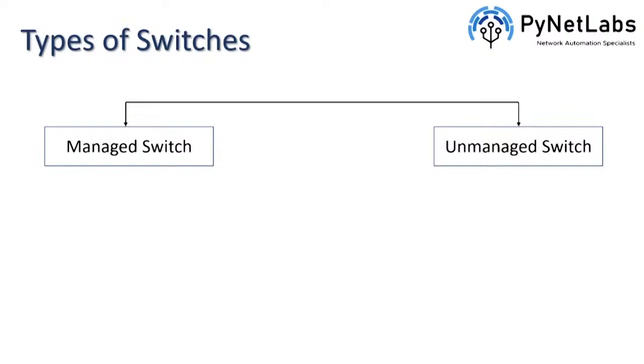Now the configuration is there on the managed one, where you can configure things, but unmanaged switches are definitely easy to use, though at the same time there is a fixed set of configurations which is already there and you cannot manipulate them. So some of the features of managed would be that configurations can be done, and in unmanaged we cannot do any configuration, so I'll just write no configuration here.